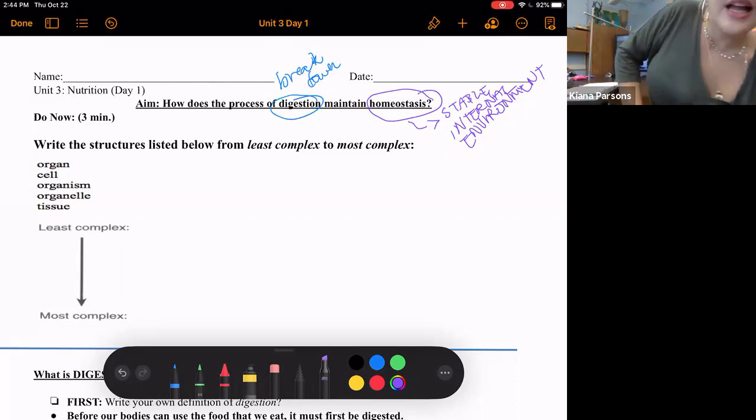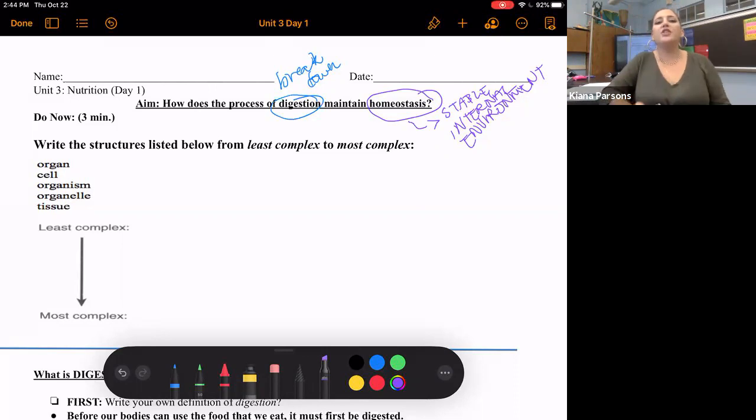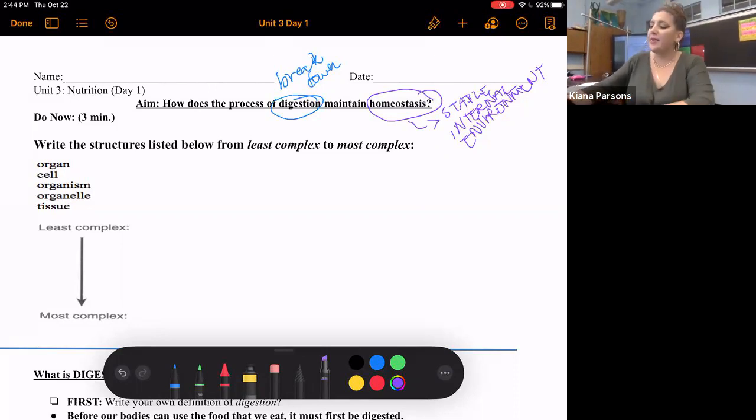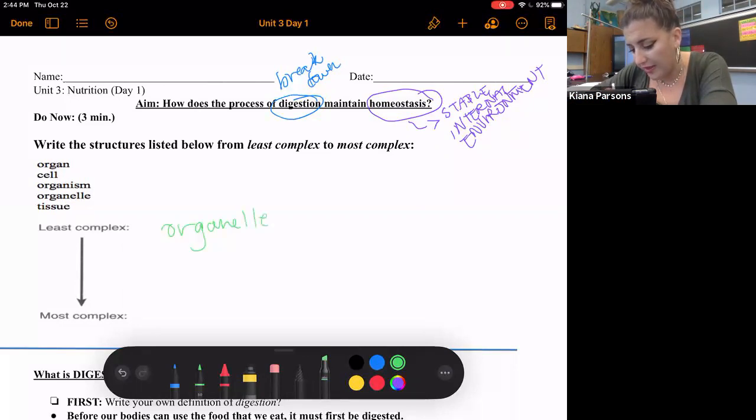So now a little review. Write the structures listed below from least complex to most complex. So here we go. Hopefully this is an easy review. You guys are already writing it down ahead of me, but we have the least complex organelle. And then as we get a little bit bigger, cell. And then as we get a little bit larger than that, tissue, we have our organs.